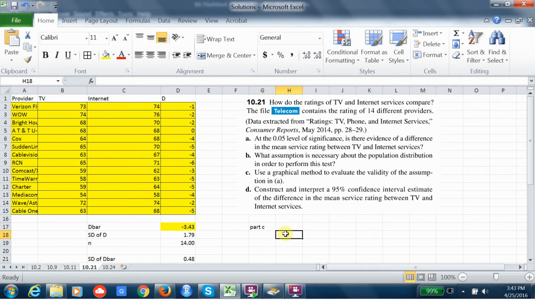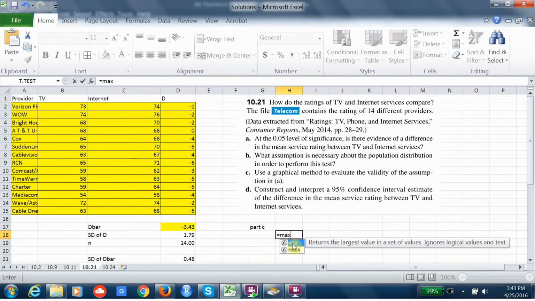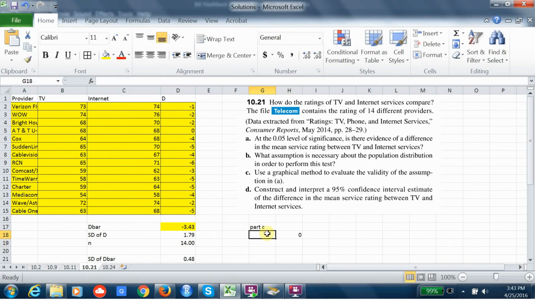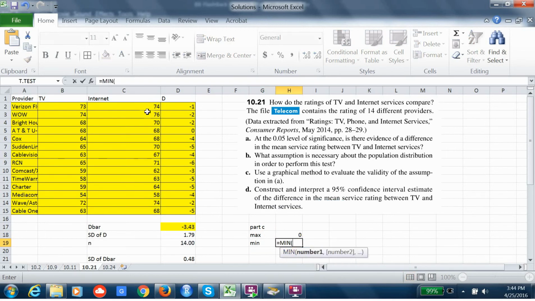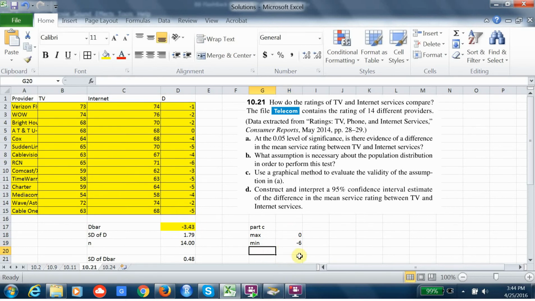So we start off computing some basic statistics. We need the max. We need the min. We can see that the range is going to be 6, and therefore we can make the bin size 1.